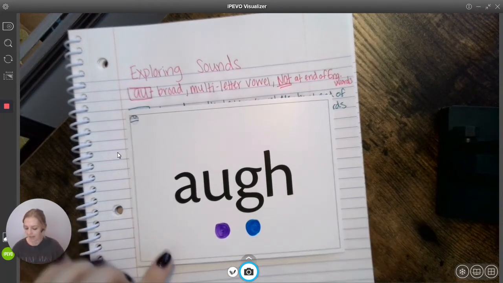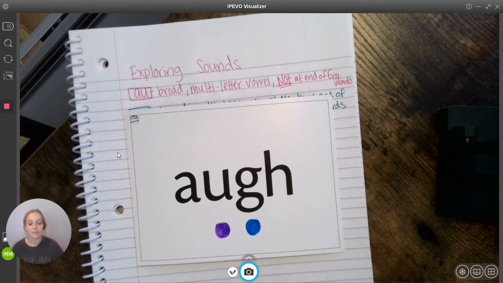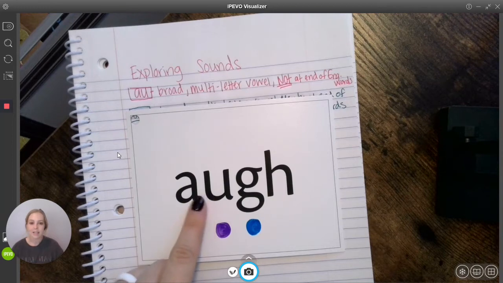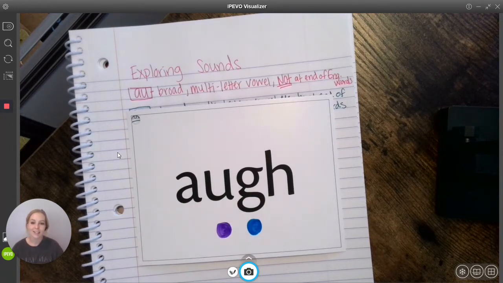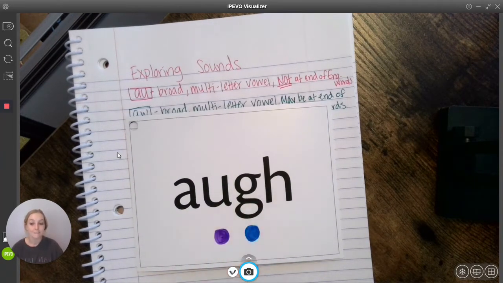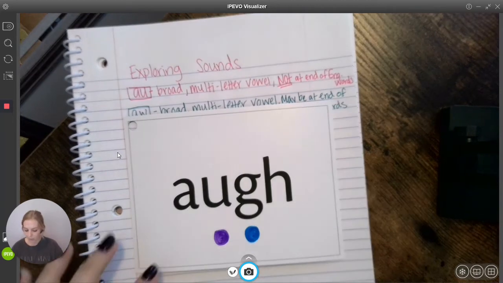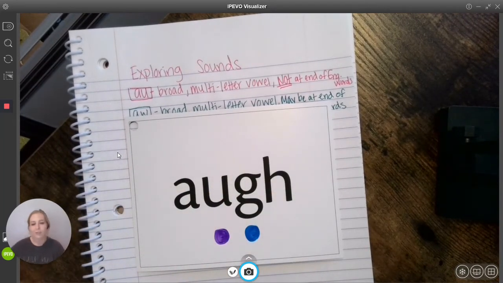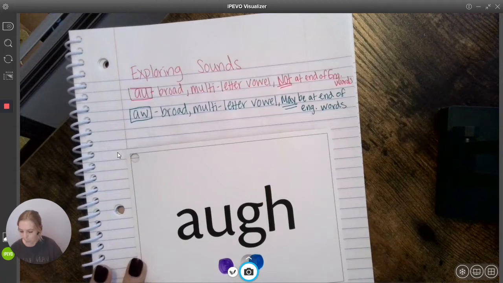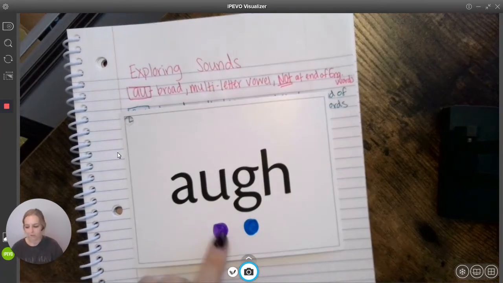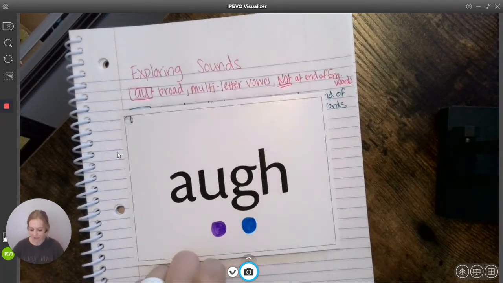Which letters are saying the f sound here? Is it AU or GH? GH is saying the f sound here. What other phonograms end with GH that we've learned? The three-letter I, good, IGH. What is the rule about phonograms that end in GH?